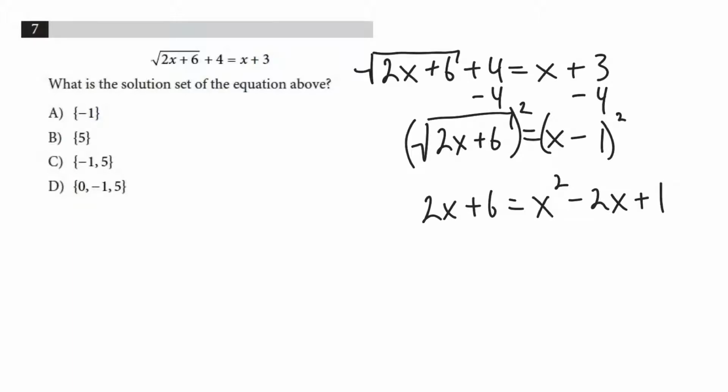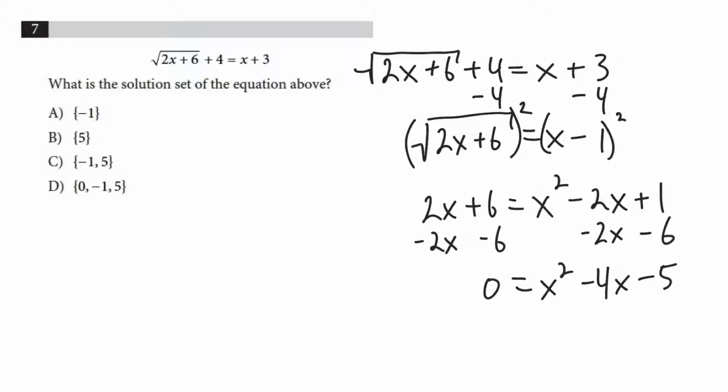And this is a quadratic, so to solve a quadratic, we set it equal to 0. I'm just going to subtract 2x and subtract 6 from both sides. We get 0 equals x squared minus 4x minus 5. Alright, well, our a value is 1, so we're looking for two numbers that multiply to c and add to b.